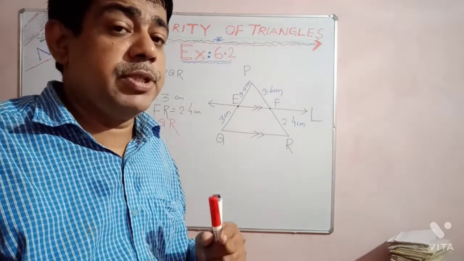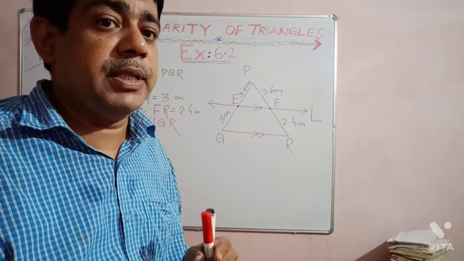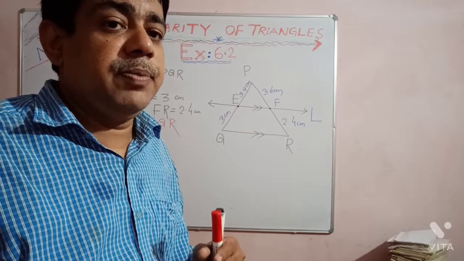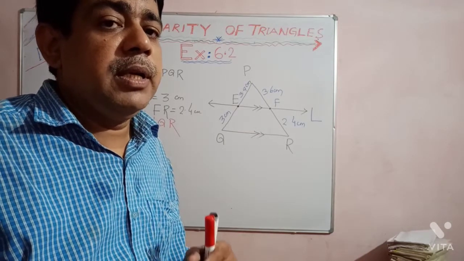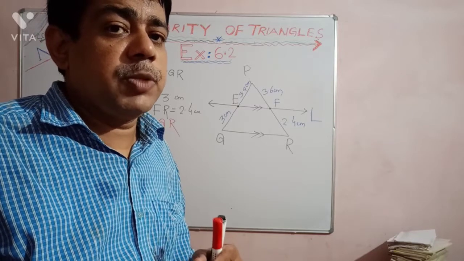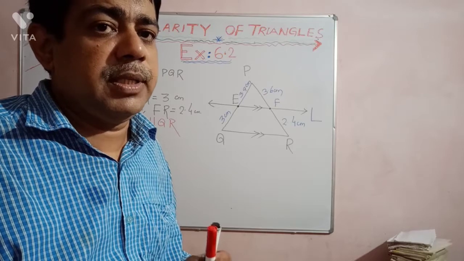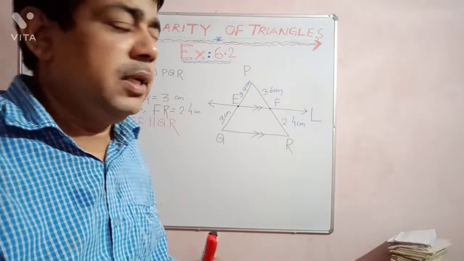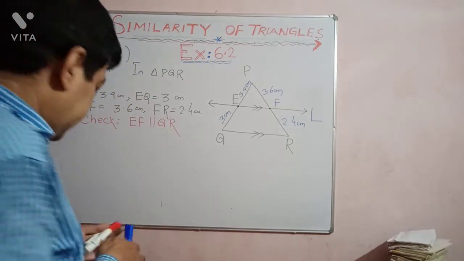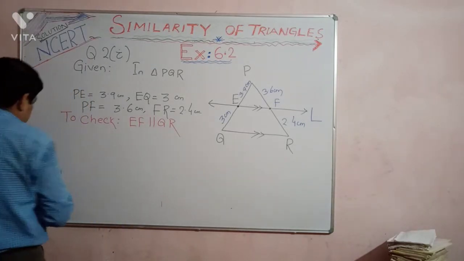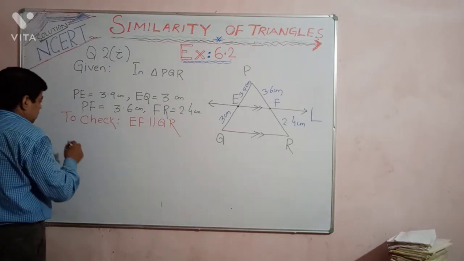It means we have to check the converse of the basic proportionality theorem. We have to find the ratios of the given parts, and those parts must be proportional. If the parts are proportional, the line EF will be parallel. This thing we are going to check. Let's find the ratio of the corresponding parts. Now see here.